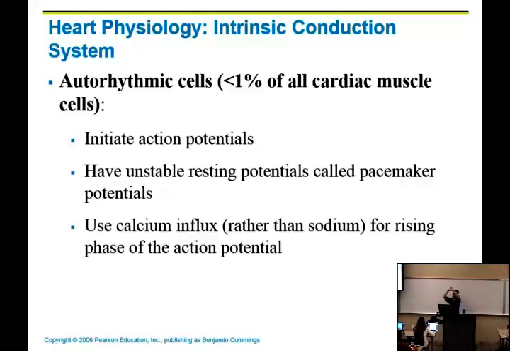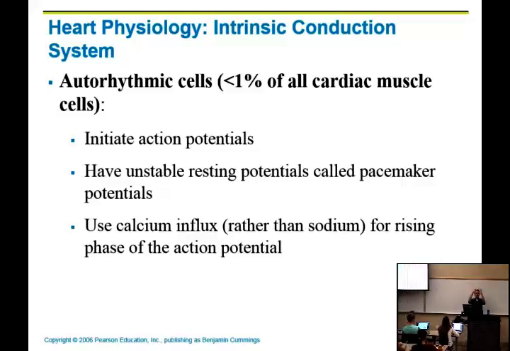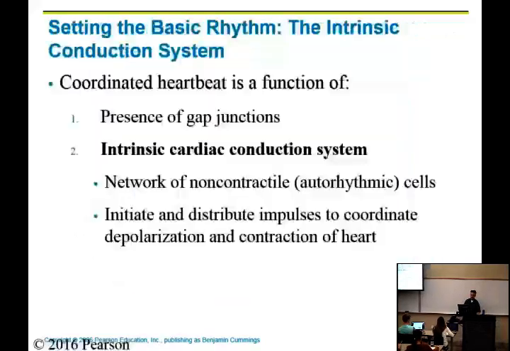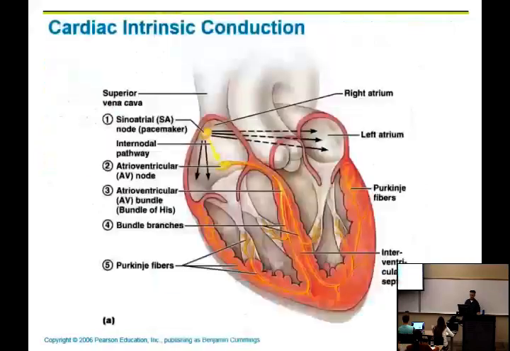That's where it starts, and then there are radiating patterns of these autorhythmic cells which take that signal from, for instance, the right atrium to the left atrium, and then from the atria down to the ventricles so that they get the message that it's their turn to contract. We'll come back to those other ones, don't worry.